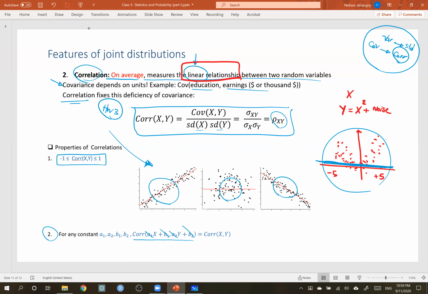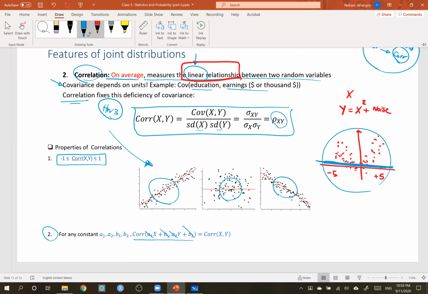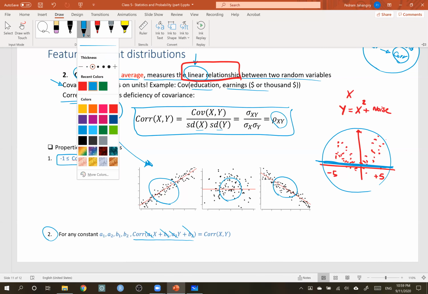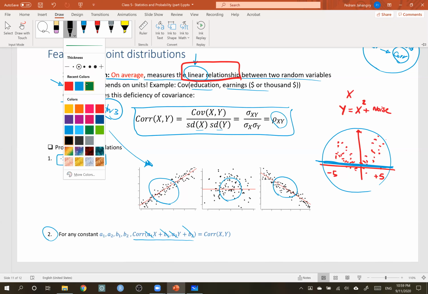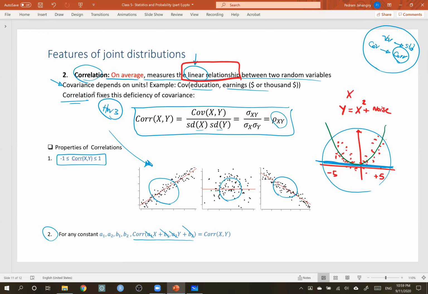Because of what? Because there is no linear relationship between the two. Does everyone agree? However, we know for a fact that there's a perfect nonlinear relationship between the two, right?